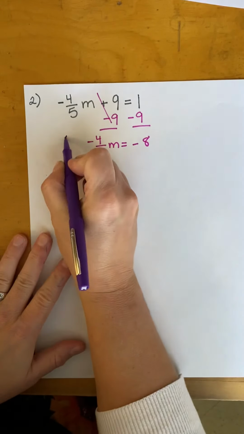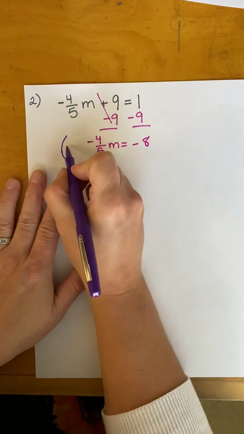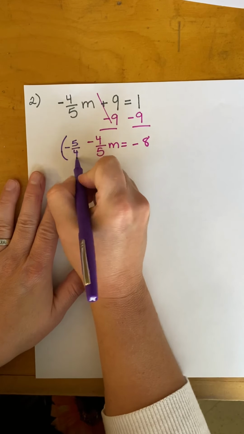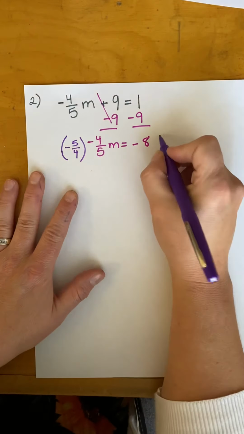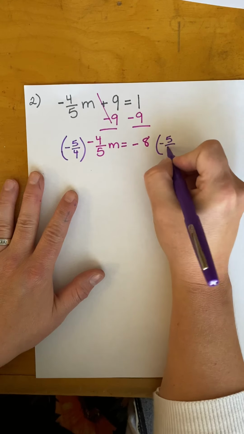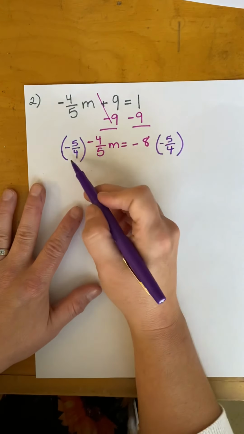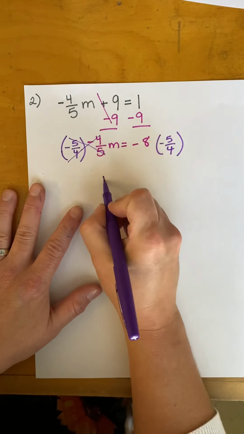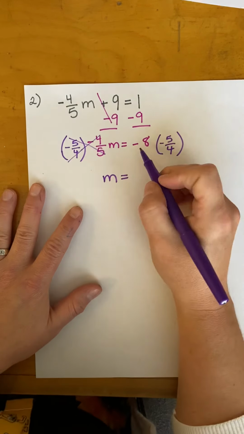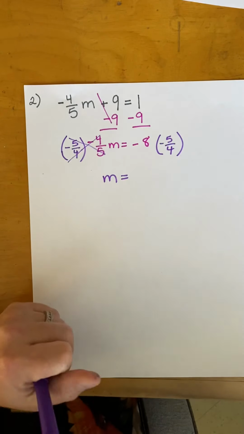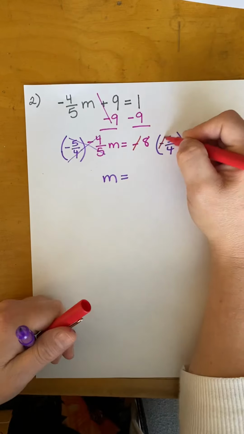Reciprocal. So I'm going to multiply both sides by negative 5/4. Now, you don't change the sign for reciprocal. All right, so these will cancel out, and I'm left with m. And now, a negative times a negative is a positive, so I don't need to worry about that anymore.